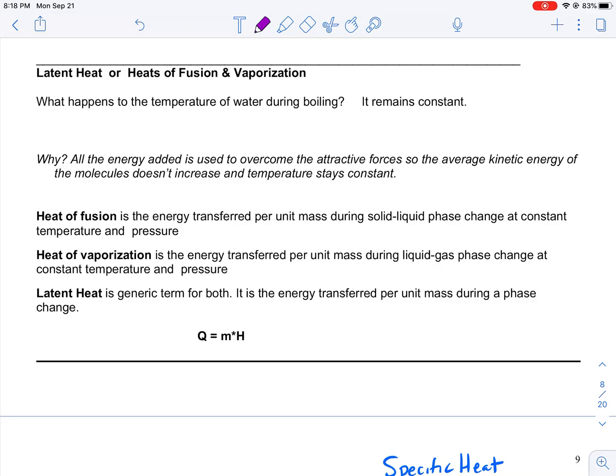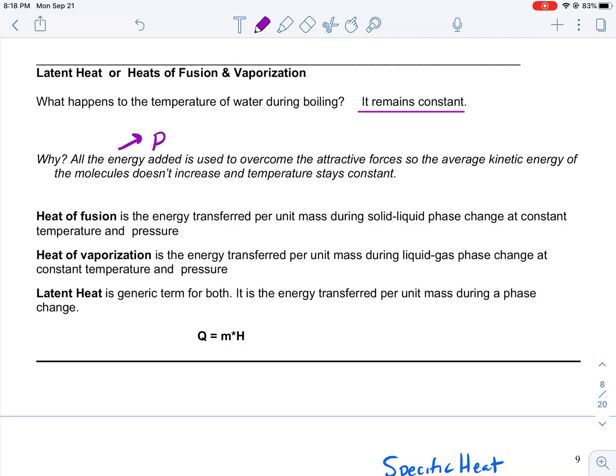Okay, next we're going to review latent heat, otherwise known as heats of fusion and vaporization. So here's my question. What happens to the temperature of water during boiling? The temperature actually remains constant. Why is this? It's because the energy added is used to overcome the attractive forces so that the average kinetic energy of the molecules doesn't increase and the temperature stays constant.